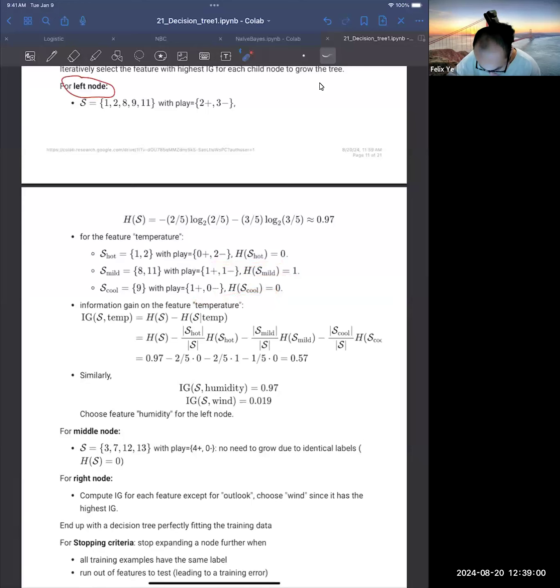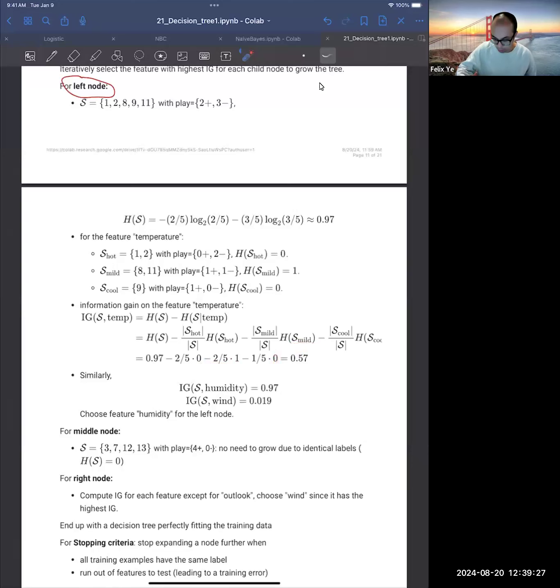Then you calculate the information gain conditional on the feature of temperature. This part and this part are 0. The only thing that actually contributes is when the temperature is mild, which is 2/5 times 1. If we subtract that, we get an information gain of 0.57.